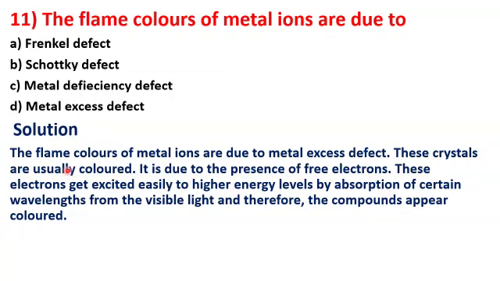These crystals are usually colored. It is due to the presence of free electrons. So these electrons get excited easily to higher energy levels by absorption of certain wavelengths from the visible light, and therefore the compounds appear colored. Hence the correct option is option D, metal excess defect.